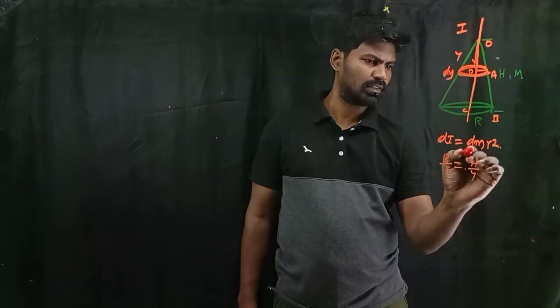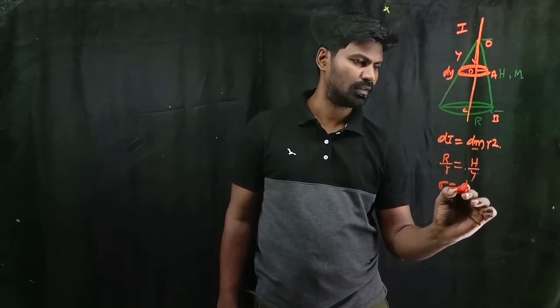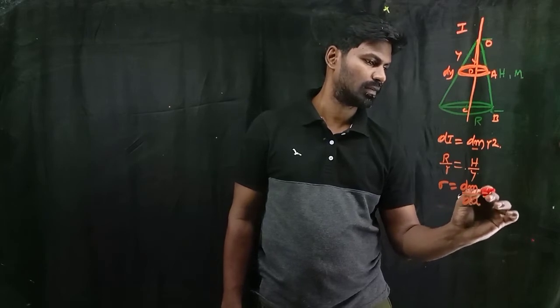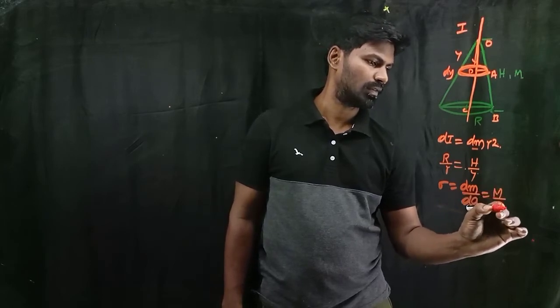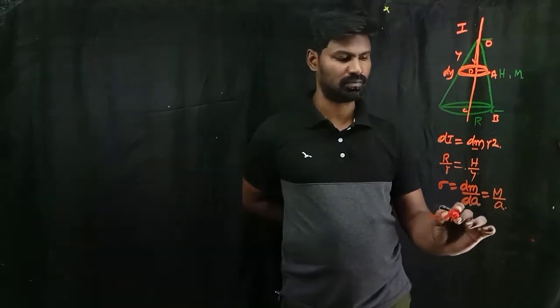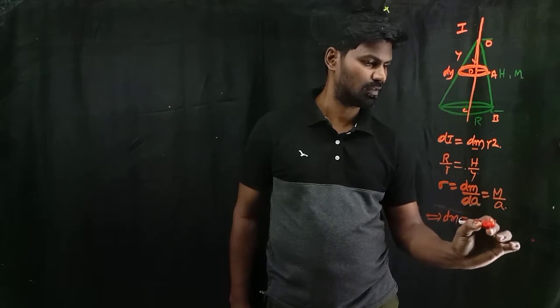I wanted to calculate dm. To calculate dm, here I am defining sigma. What is sigma? dm divided by dA, which is nothing but M divided by A. Through this, dm is equal to sigma dA.